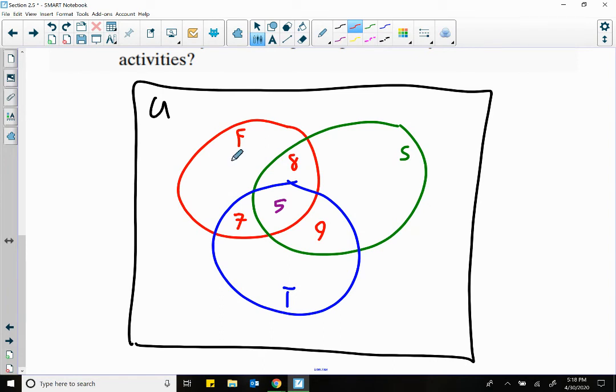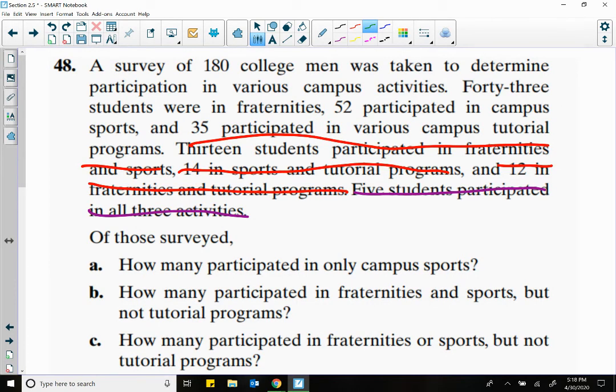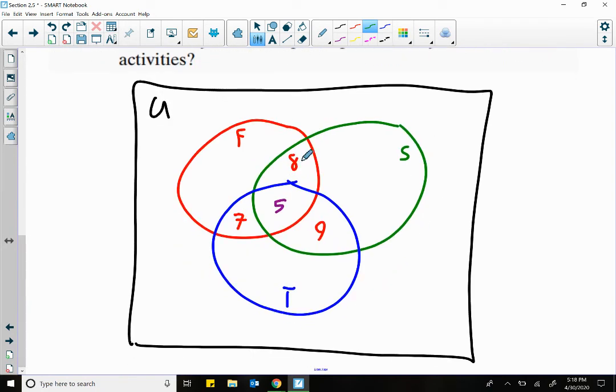And now we're going to start working on how many are only in fraternities, sports, and tutorials. Okay? So fraternities, it says that we have 43 in fraternities. But again, we already have some of those taken up. So 7 plus 5 plus 8 gives us 20.